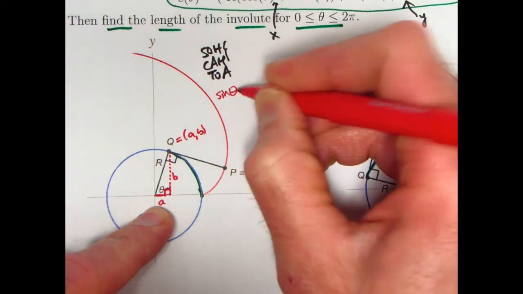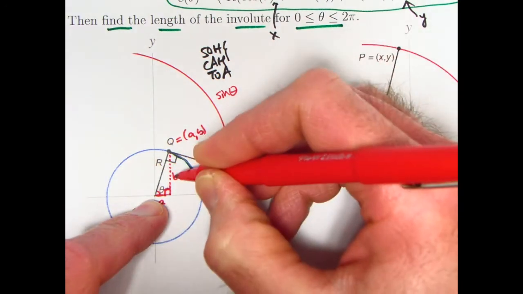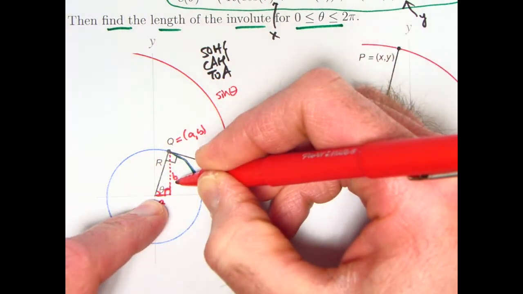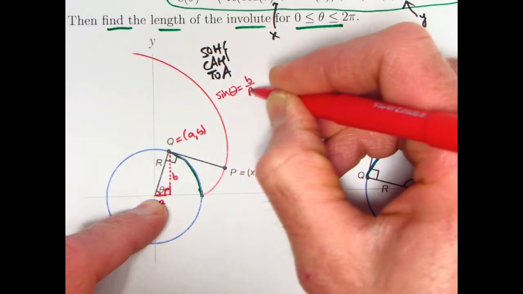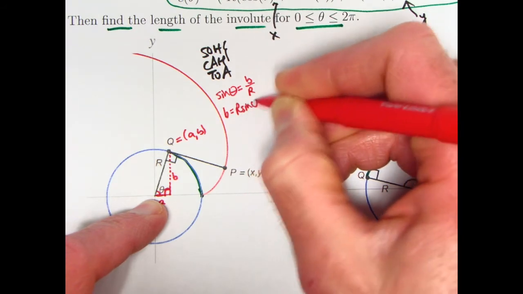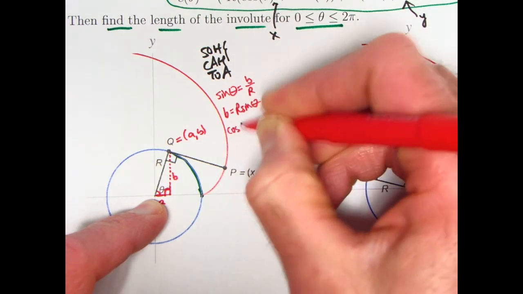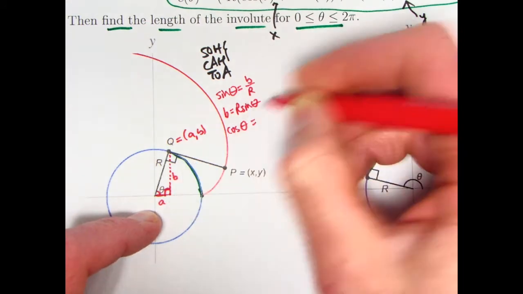sine of this angle theta, which is this angle right here, opposite over hypotenuse, the opposite side has length b, the hypotenuse has length r. This is b over r. And therefore b is r sine theta. And the cosine of the angle is adjacent over hypotenuse. The length of the adjacent side is a.